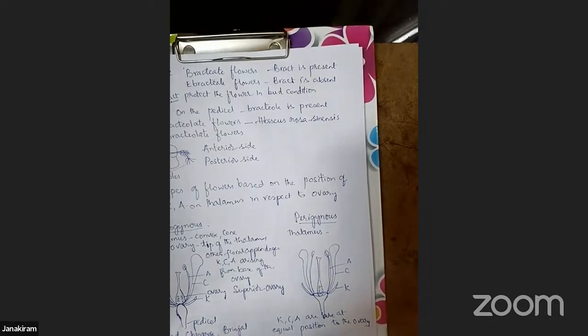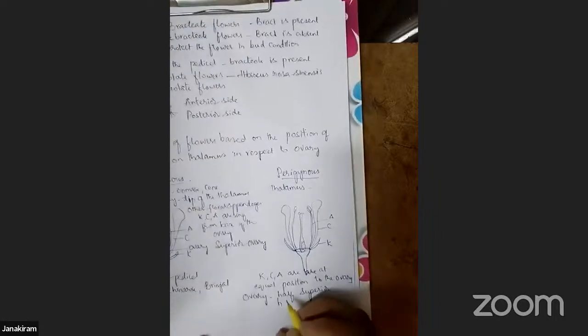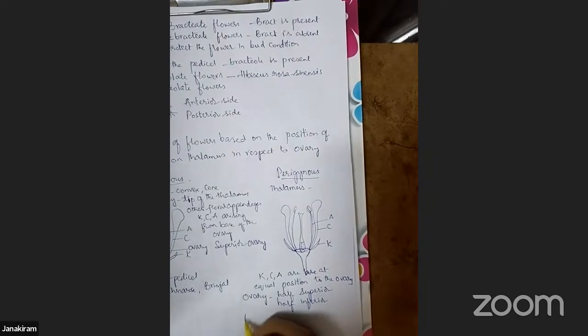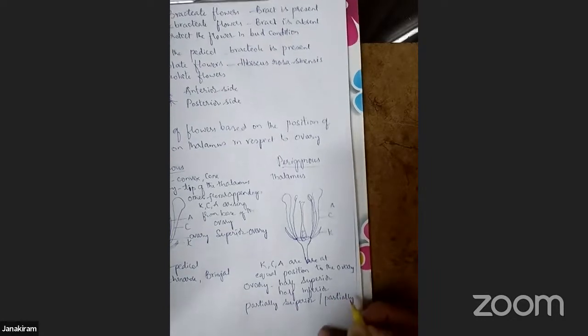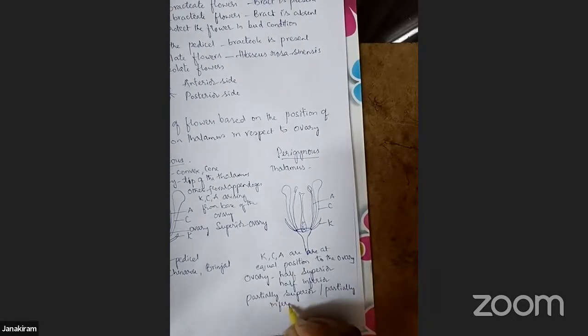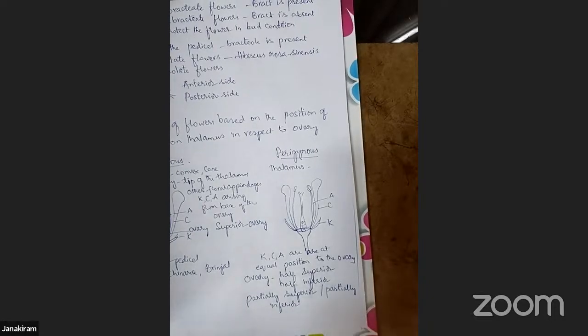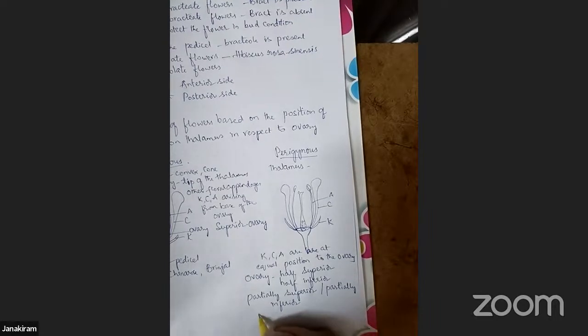So here we call the ovary either half superior or half inferior. Otherwise we can call it partially superior or partially inferior. So this type of arrangement is called perigynous flowers. This type of arrangement can be seen in examples like plum, rose, and peach.